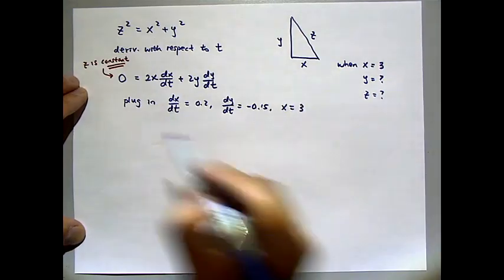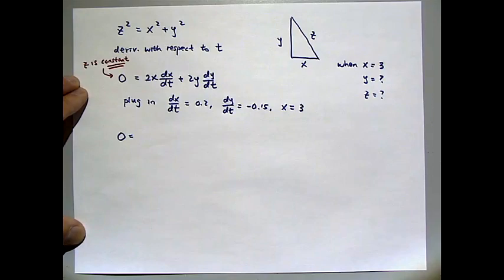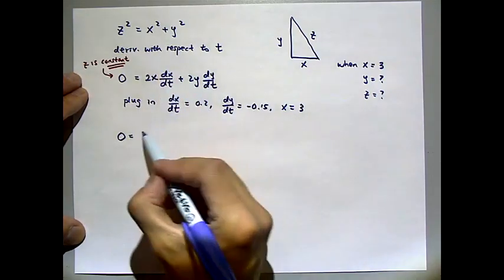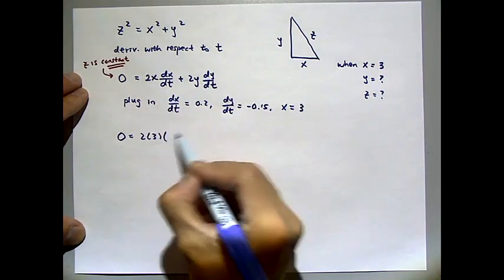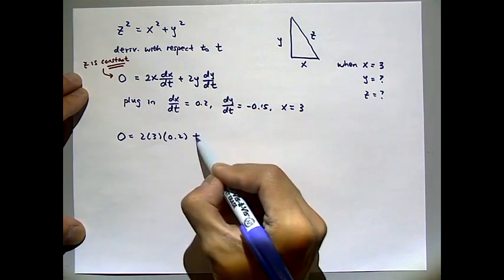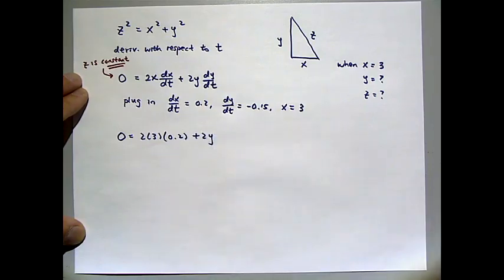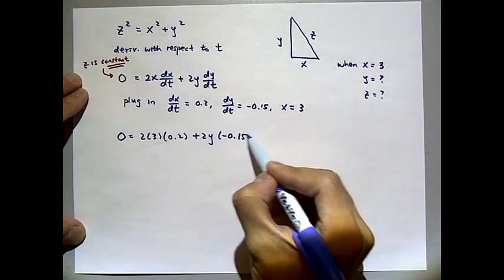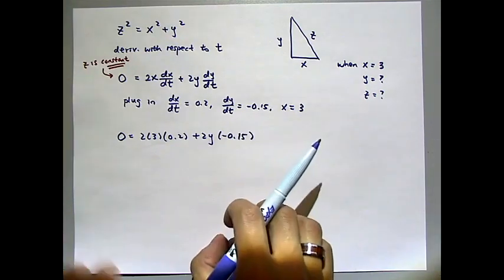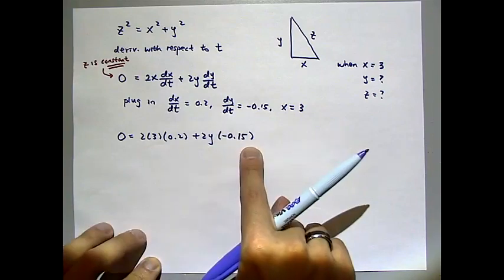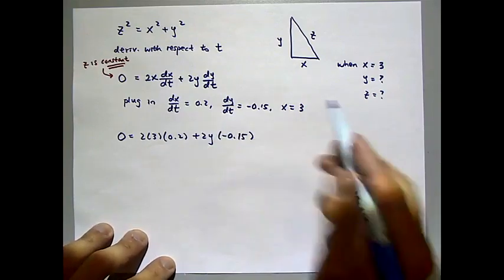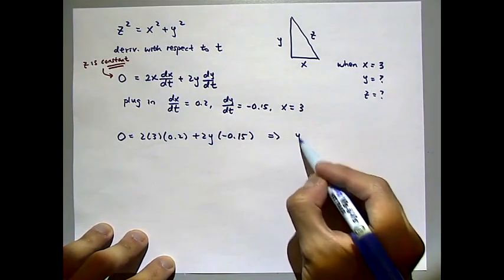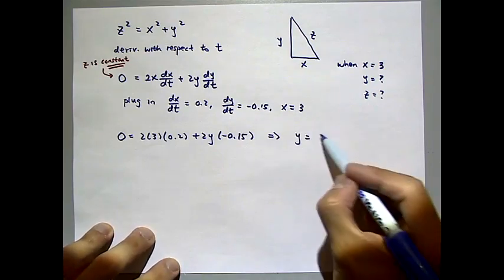Therefore, 0 is equal to 2 times 3 times 0.2 plus 2 times y, that 2 really doesn't matter, times negative 0.15. The only thing you don't know in this equation is y, and that's easy to solve. y turns out to be 4.